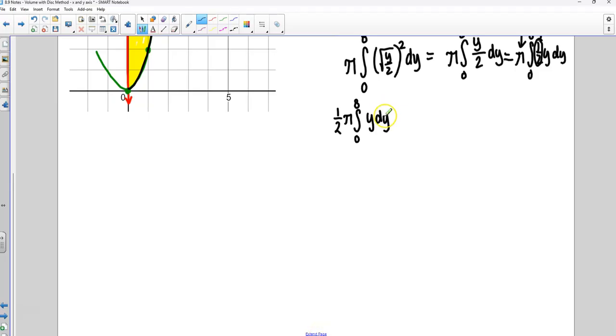And so at this point, I'm going to actually integrate. The pi over 2 stays out front. When I integrate y, it has the exponent of 1 right now. Increase my exponent by 1, that gives me 2. Divide out front, that gives me 1/2. And so 0 to 8.